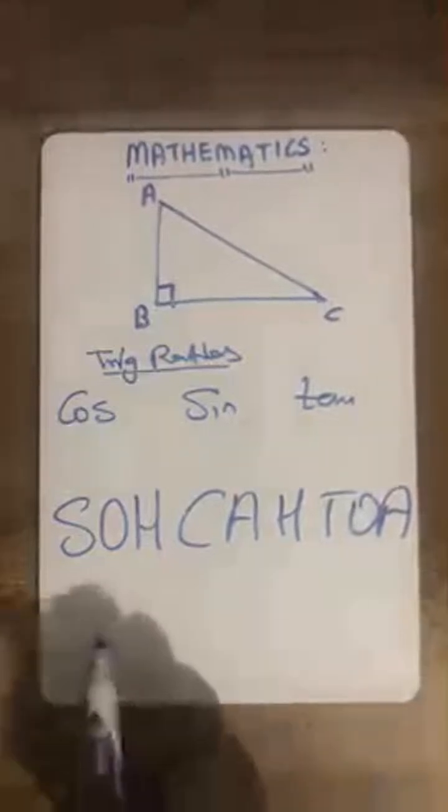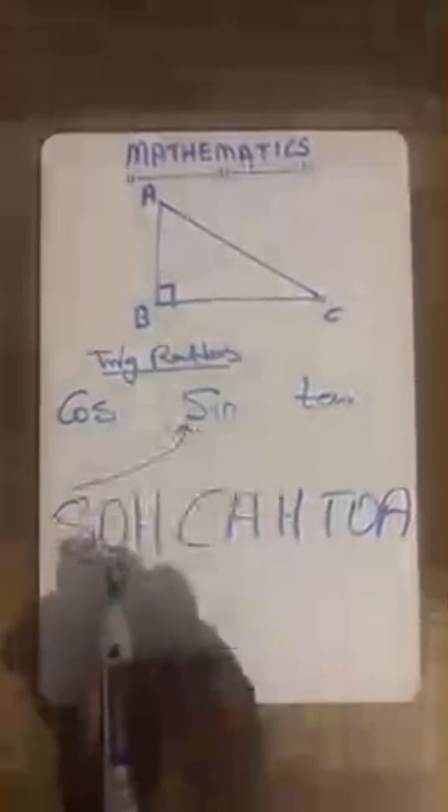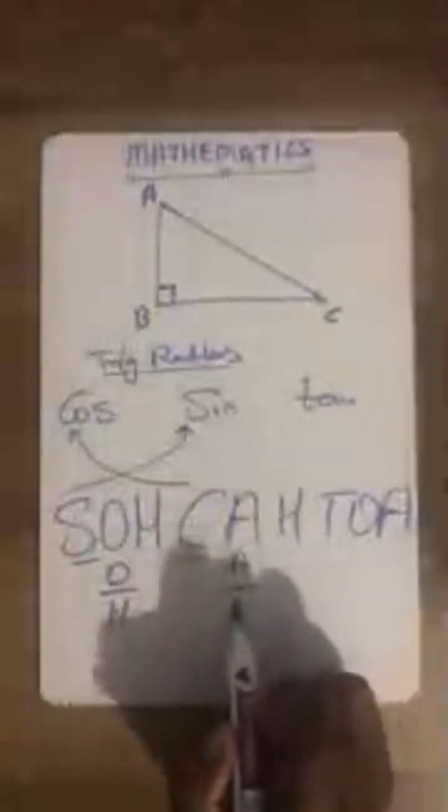Okay, let's see. So this S represents sine, meaning sine is opposite over hypotenuse. This C represents cos, which means it is adjacent over hypotenuse. This T represents tan.